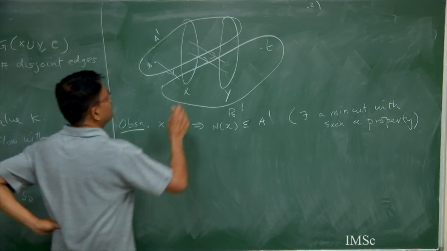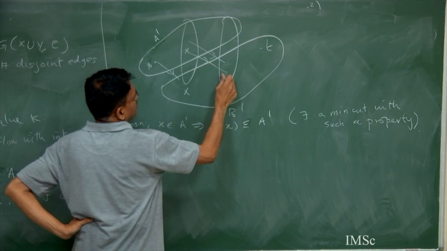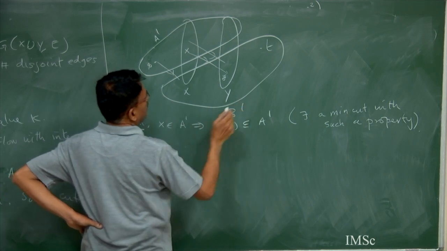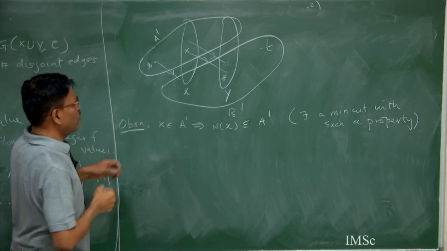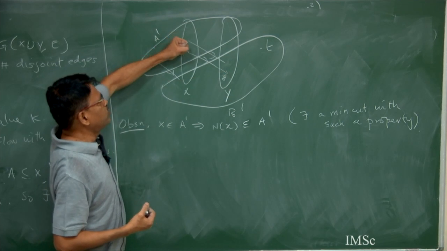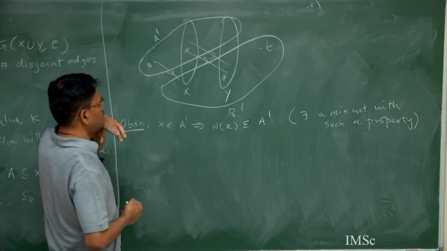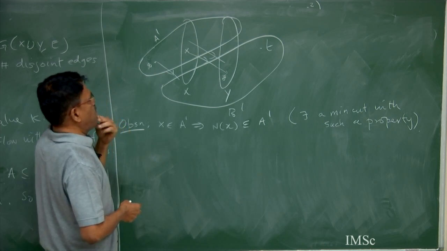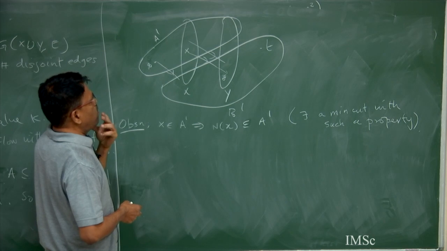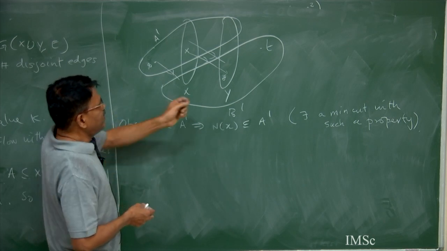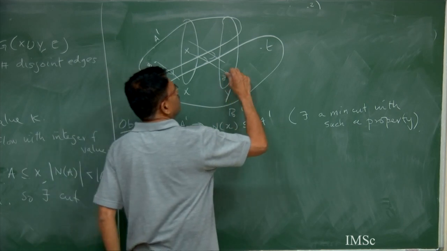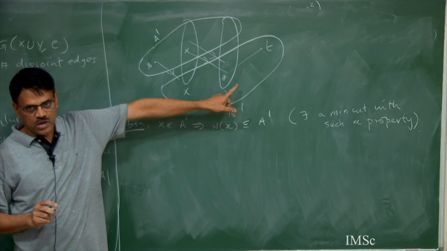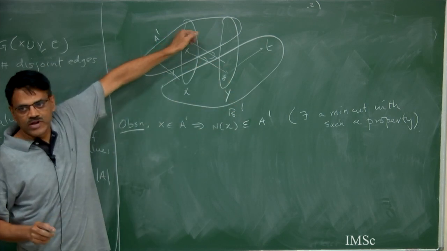Okay, so why is there such a cut? Because if I have an X here, and its neighbor Y is sitting here in B prime, then what happens if I pull Y into A prime? What happens to the cut value? There is an edge from Y to T. This edge is not part of the cut now, but when I pull Y there, it will become part of the cut.